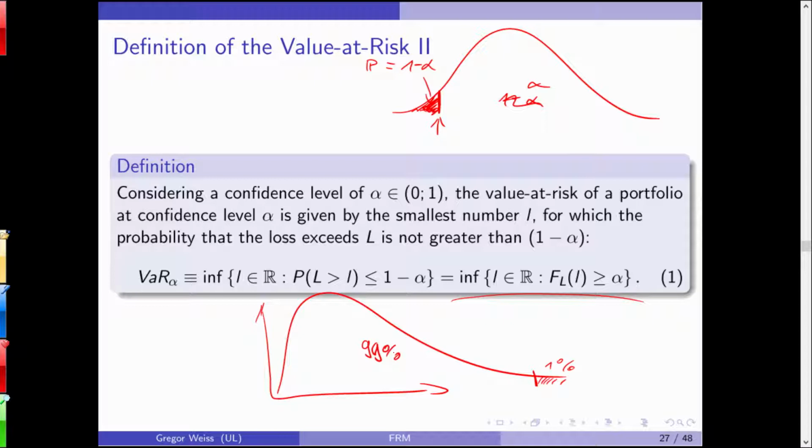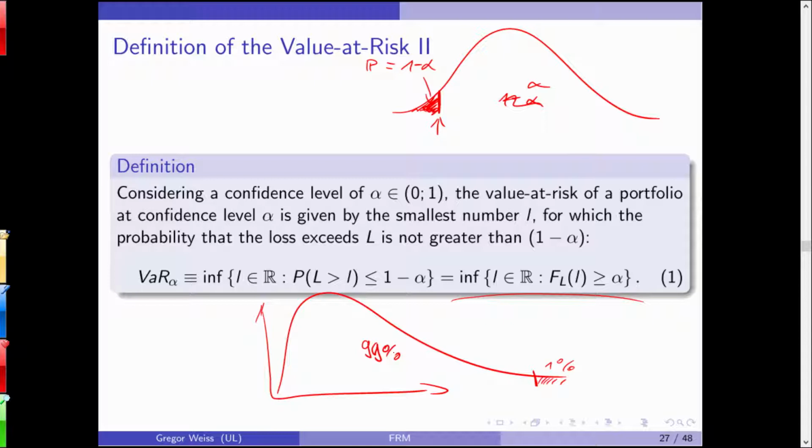These are actually very good choices for alpha. You will usually estimate a 99% VaR, a 99.9%, and sometimes even a 99.95% value at risk.